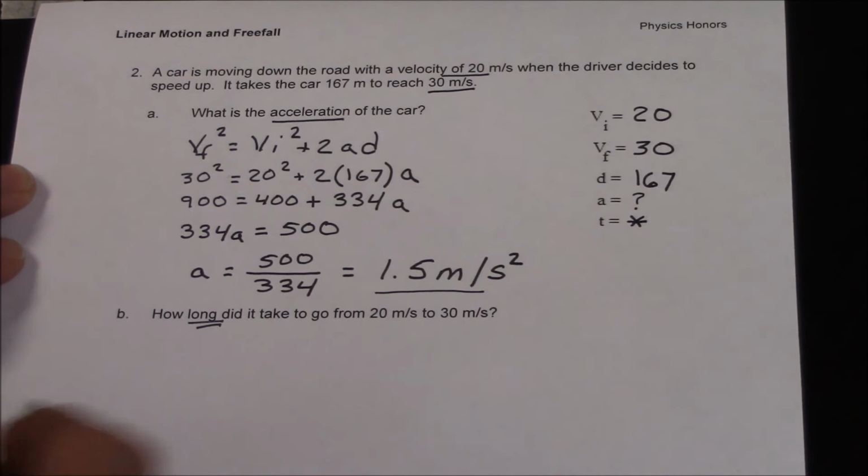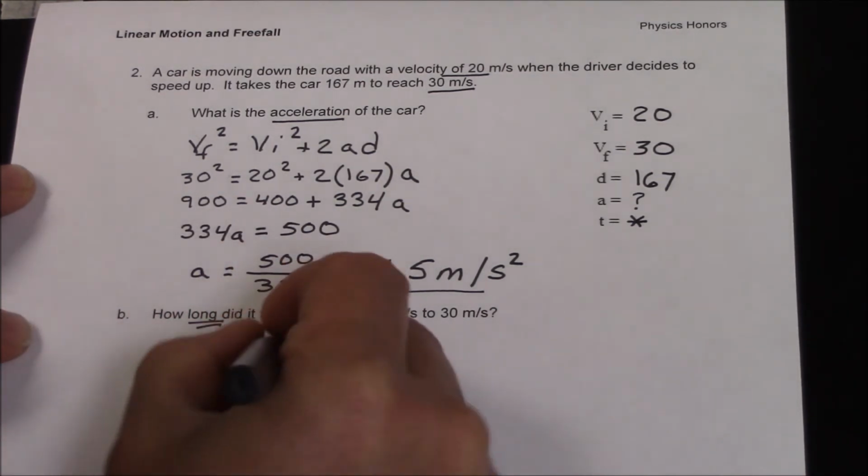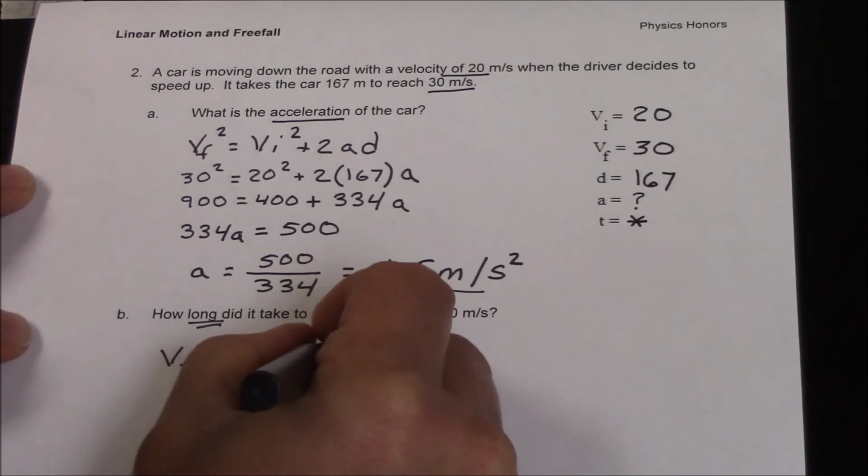So equation 1, velocity final equals velocity initial plus AT.